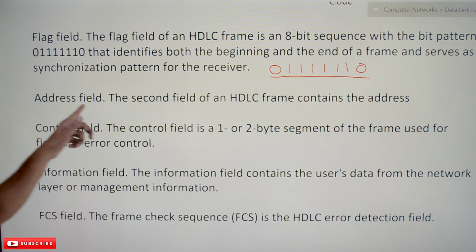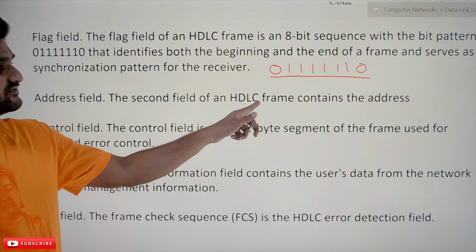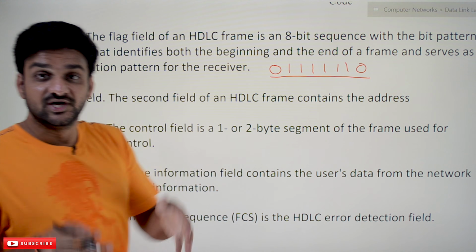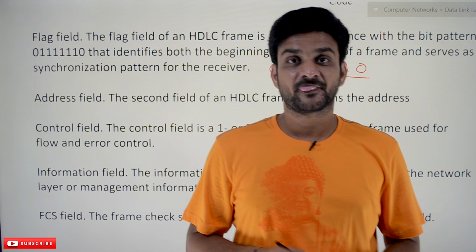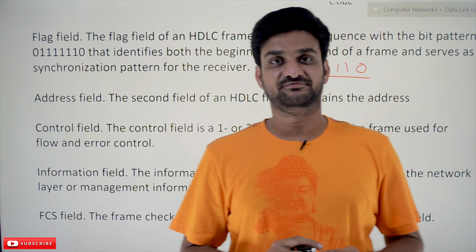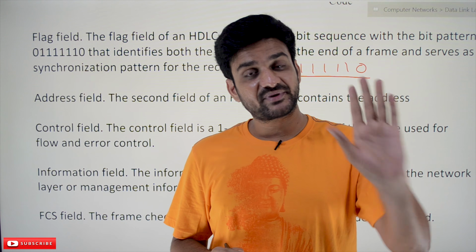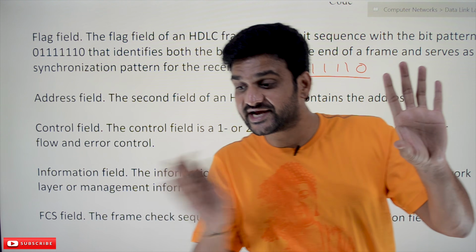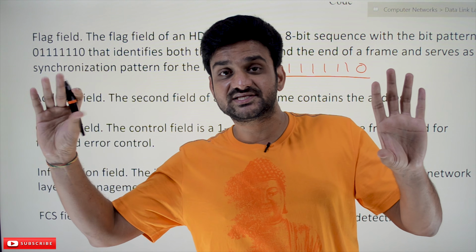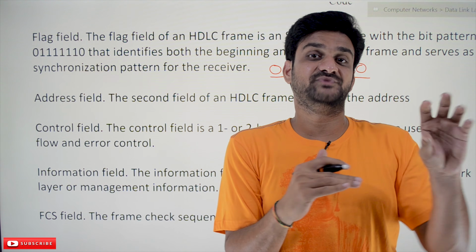And the next one is the address field. The second field of the HDLC frame format contains the address. So what is that address? In a normal response mode transfer, there will be a primary system and a secondary system. Primary system means it is going to transfer data frames, whereas the secondary system is just going to send the acknowledgement.